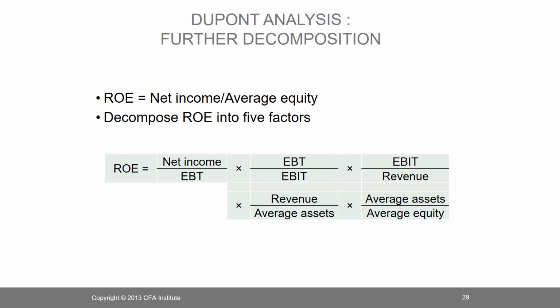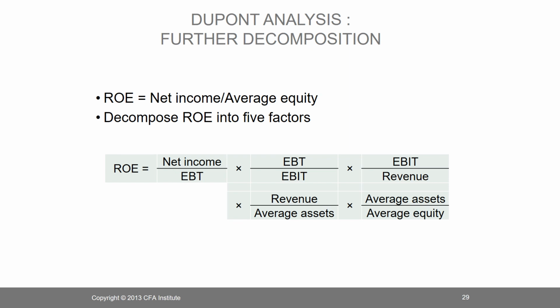Some analysts prefer to use operating income instead of EBIT for the second and third terms in this equation, and in such case, the second term would capture both the effect of interest expense and non-operating income on return on equity.